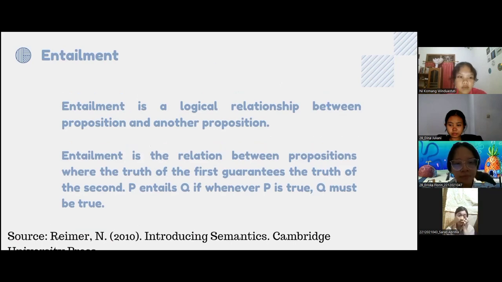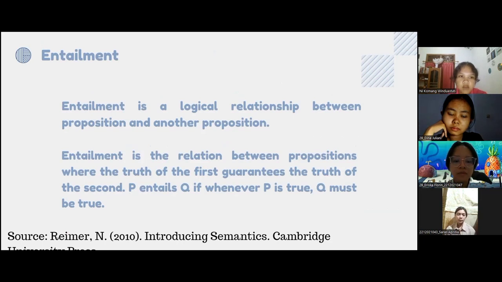Okay, thank you, Ariska. So now I will continue the next material. The next material is about entailment. What is entailment? Entailment is a logical relationship between one proposition and another proposition. It is the relation between propositions where the truth of the first is the truth of the second.